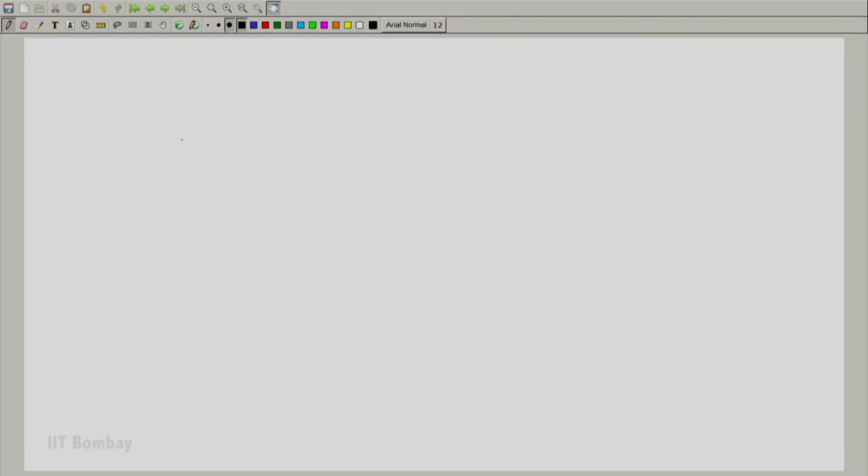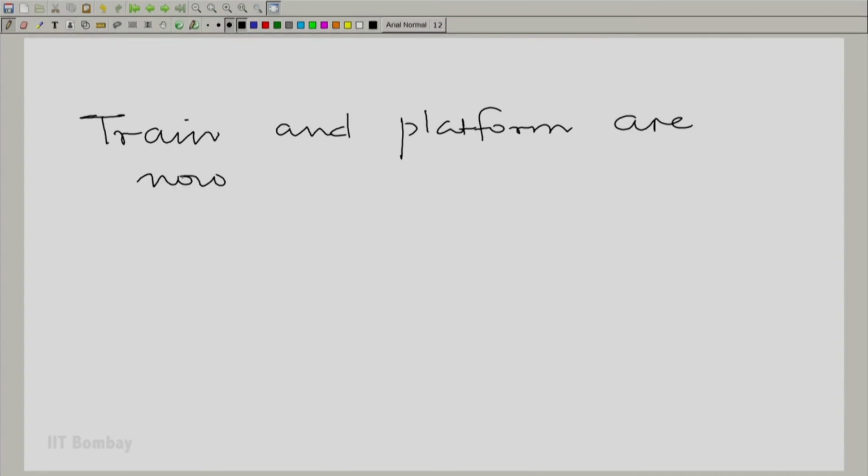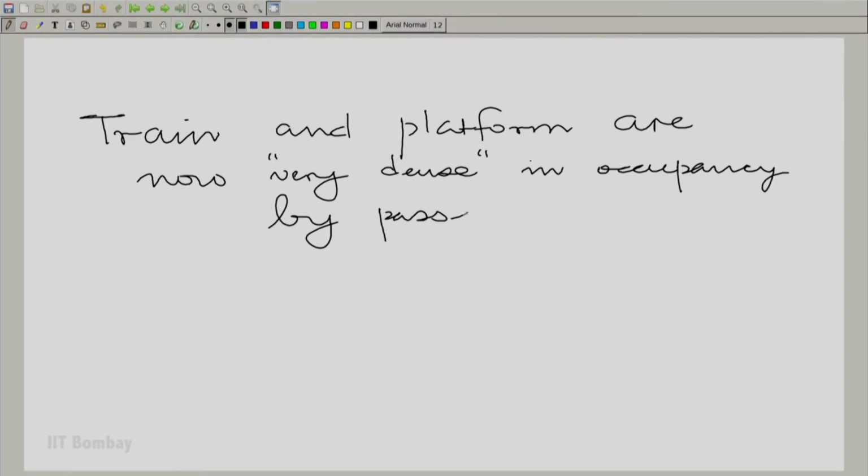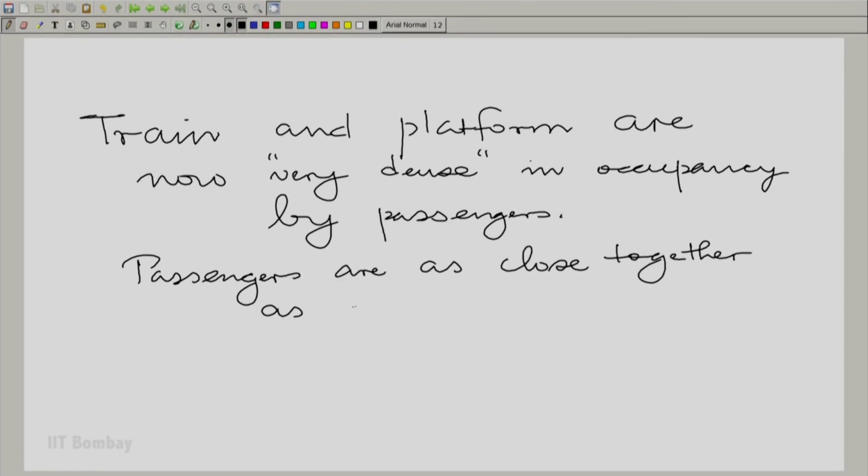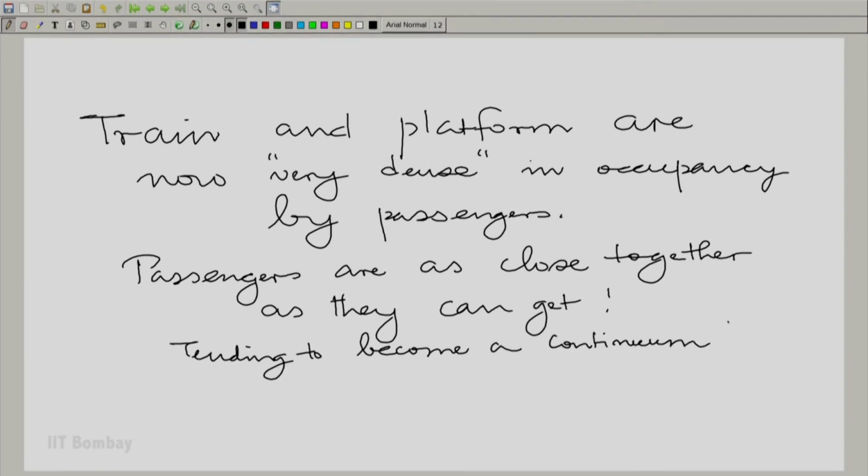So, we will set up the process. We will have to have a train and platform here too. The only change is that the train and platform are now very dense in passengers. Passengers are as close together as they can get, tending to touch one another, tending to become a continuum.